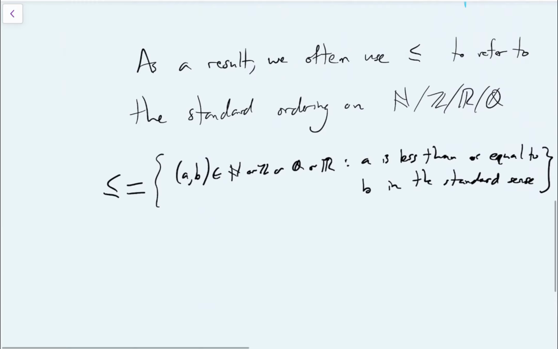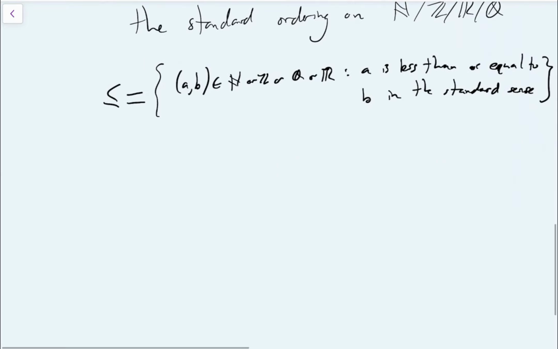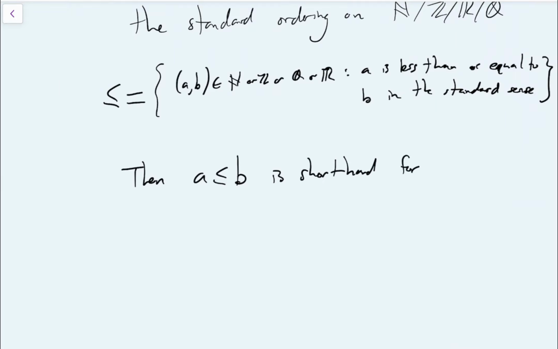So we use this symbol, usually reserved for some kind of relationship between numbers, to actually now be a mathematical object. It's the set of all ordered pairs (a, b) where a is less than or equal to b. And that lets us write a less than or equal to b, because that's just shorthand for (a, b) in less than or equal to, which is equivalent to saying that a is less than or equal to b.